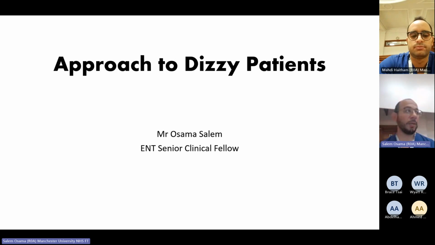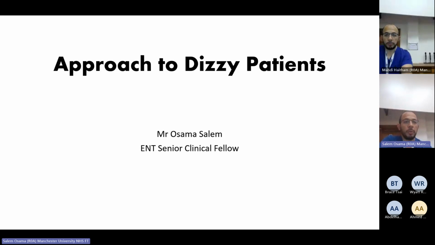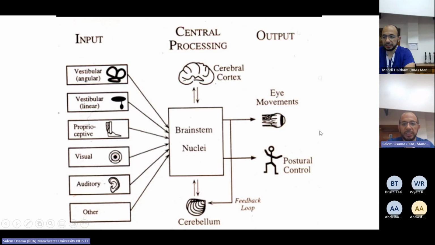Okay, thank you, Haitham. What I'm going to talk about today is how to approach a dizzy patient, and I'm trying to make it as simple as I can. But to be honest, approaching a dizzy patient is a bit complex because it's not just a single system that you are dealing with. As you see in this photo, we have different inputs starting from the balance system, the vestibular system.